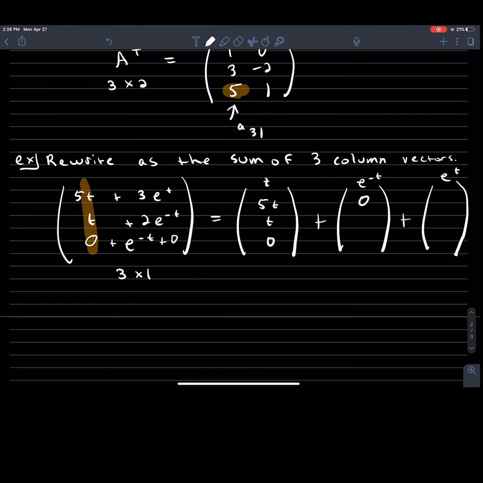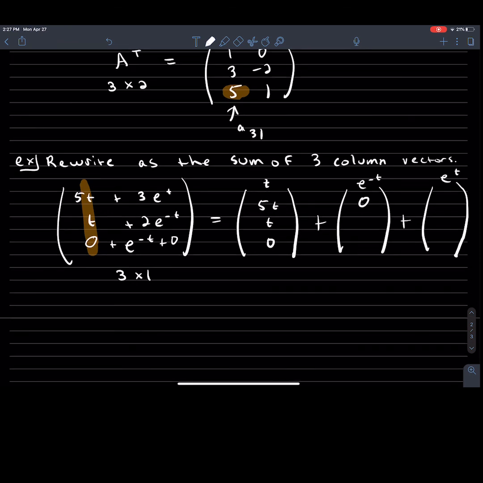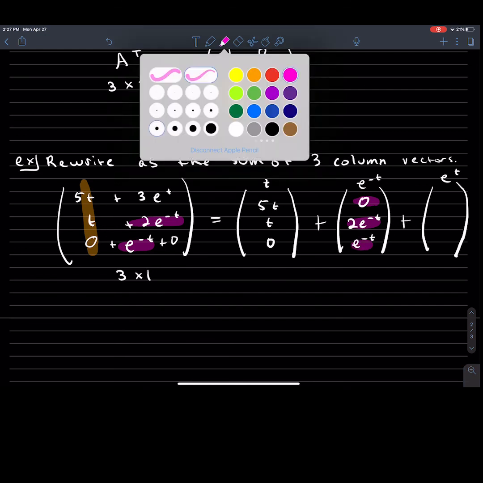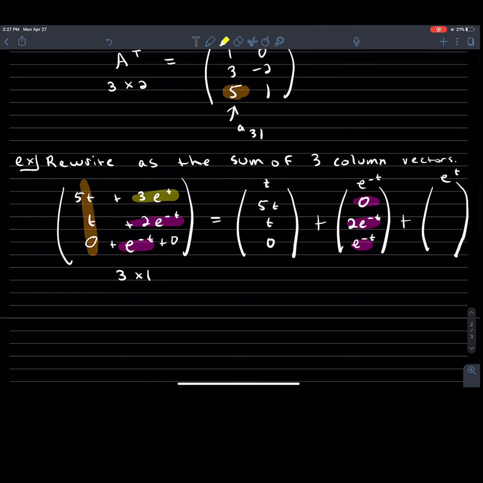Since there's no t in this first one, I put a 0, and there's 2e to the minus t here, and then e to the minus t here. Now for my last one, I have 3e to the t, 0 of them there, 0 of them there too. So I write 3e to the t, 0, 0.